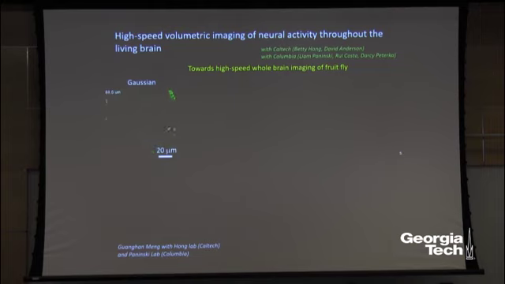Here you are looking at the Kenyon cells in the mushroom body, the olfaction region of the fly brain, where the expression is limited to the nuclei, similarly. So you can see that those neurons are very much in a three-dimensional structure. The different cells are at different depths. Conventionally, it would be very difficult to image them.